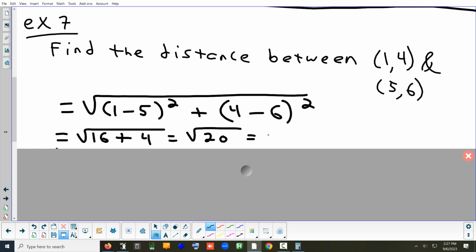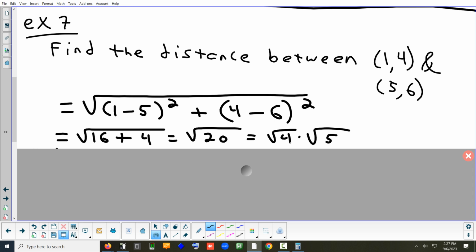Think of how you can break up the number 20 into 2 numbers that multiply together to give you 20. But one of the numbers has to be something you can take the square root of in your head. So what are 2 numbers that multiply to give me 20? Yep, 5 and 4.